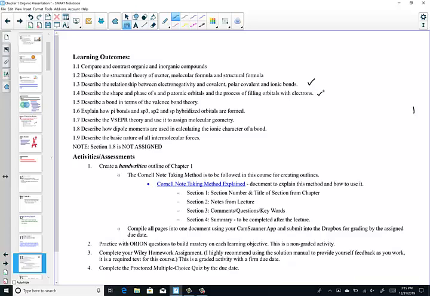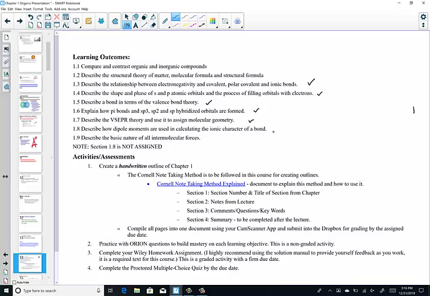We'll describe the shape and phases of s and p atomic orbitals and practice writing electron configurations. You'll describe a bond in terms of valence bond theory and explain how sp, sp2, and sp3 hybridized orbitals form. We'll use the VSEPR theory to assign molecular geometry.